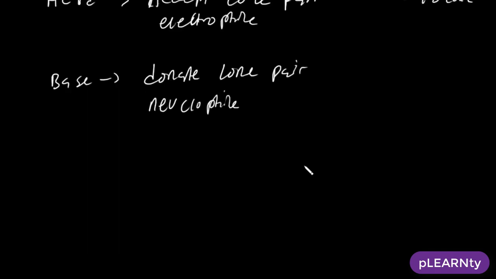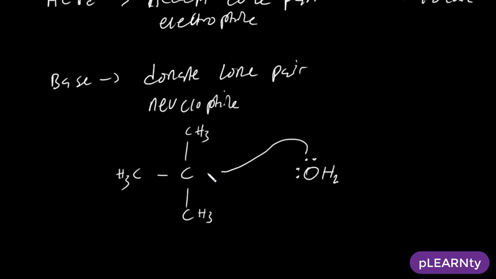A very good example of this is, let's say we have water, these are lone pairs of electrons, and we have a carbocation. This is able to attack this carbon because it has a lone pair of electrons. So therefore, this that has the lone pair of electrons is called the nucleophile, while this is called the electrophile.